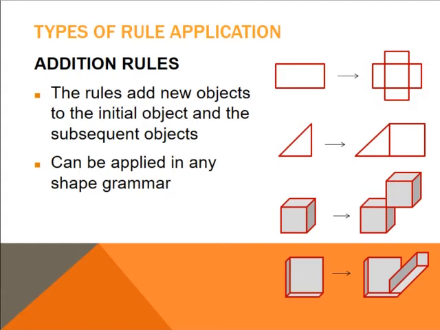Okay. Then the second one, the triangular shape. So you can also add a new shape, a different shape from the original shape. As you can see, the original object is a triangle, and then the rule specifies that you add a square and attach it next to the triangle, right?